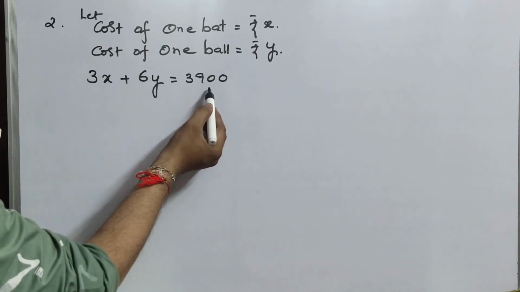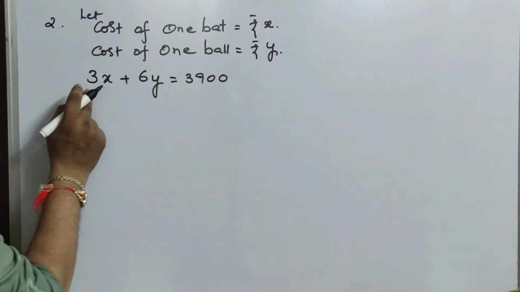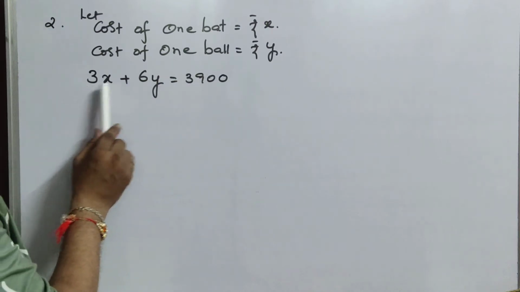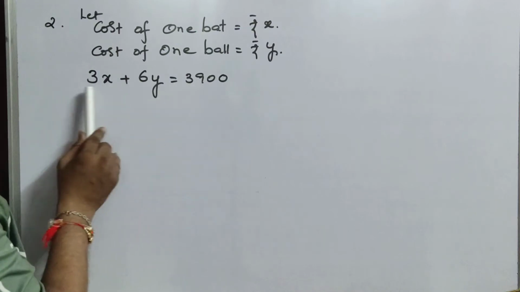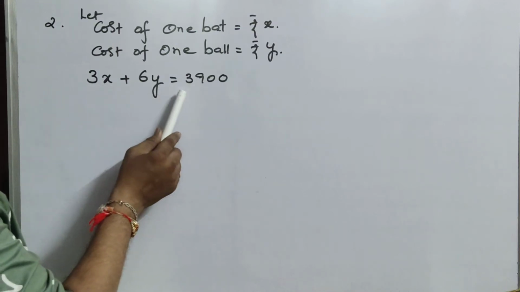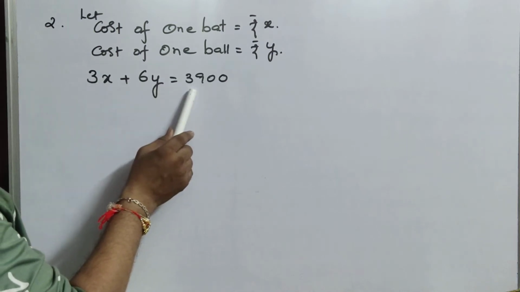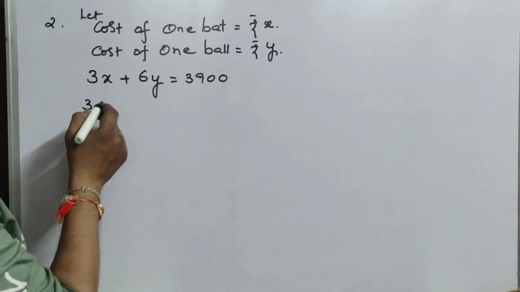Total together 3,900. Now here, if you take 3 common, why? Because the X coefficient is 3, the Y coefficient is 6, and the constant is 3,900. We can take 3 common because 3 will go in the 3 table, 6 table and 3,900 also. So we take 3 to make the equation easy.